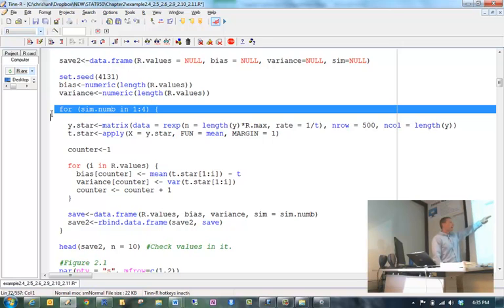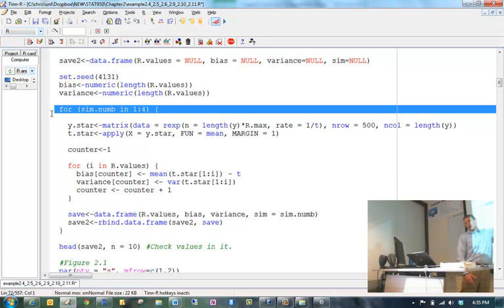I'm going to create a counter. And then another for loop that allows me, for every single R value, 10, 20, 50, 100, and so on, to do the following. Find the mean of the T stars for resamples 1 up to resample I. So the first time through this loop, it's going to be 10.